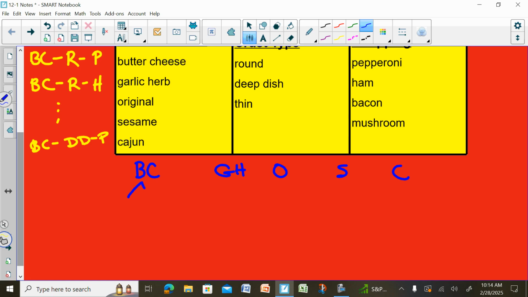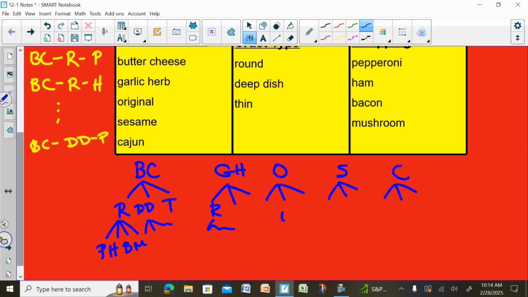And then branching off of each of those is round, deep dish, thin, round, deep dish, thin, on and on and on. So each one of those 5 crust flavors had 3 different crust types. And then each of those have 4 different toppings. It could be pepperoni, ham, bacon, or mushroom, and on and on. And so what you'd have is all these little tiny branches. You could count up all of those branches and have 60.